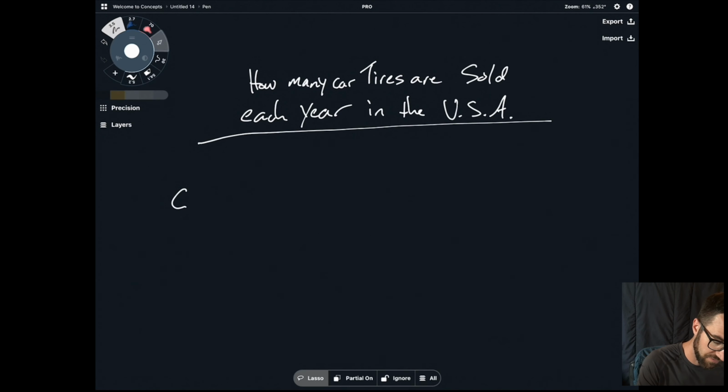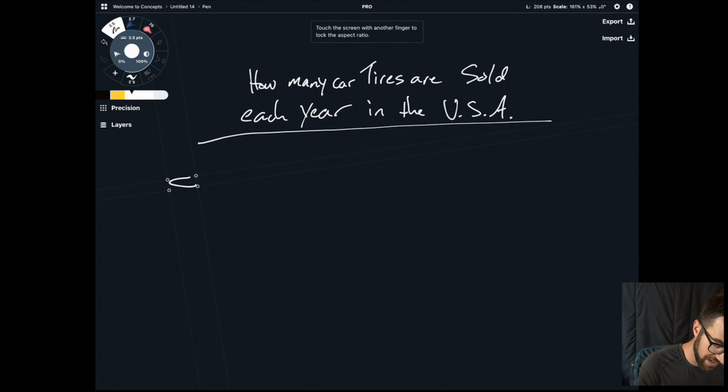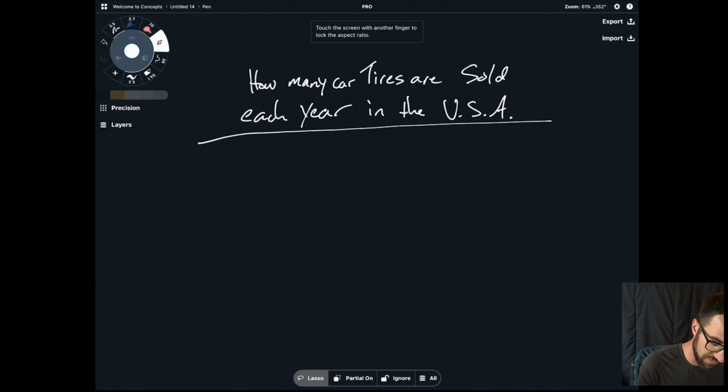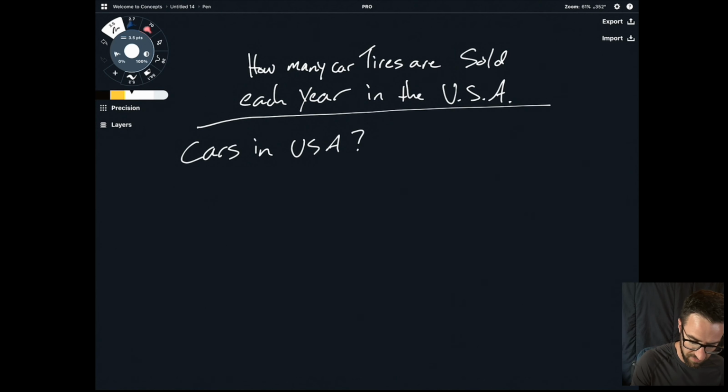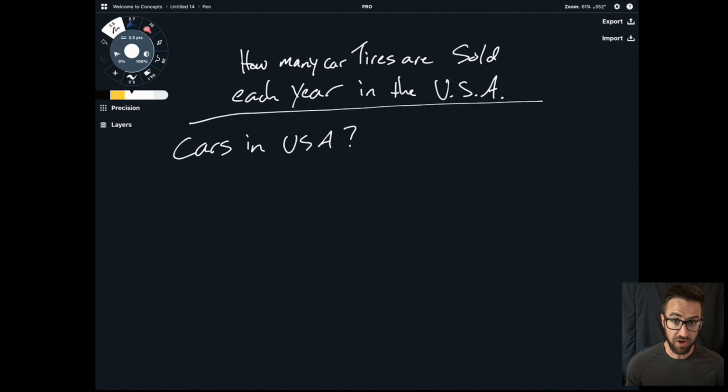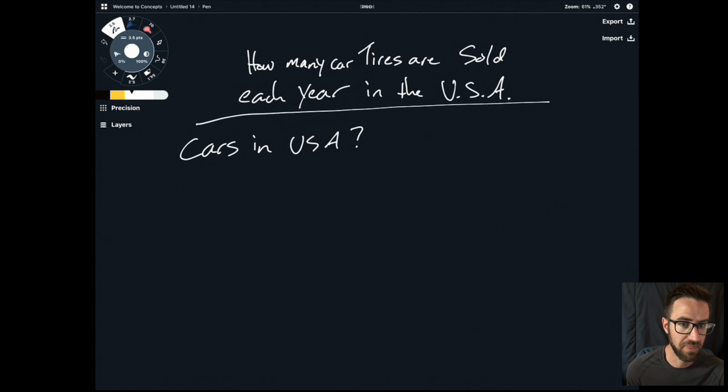So first question I'm going to ask, it's a related question here, but that is, cars in America, USA, okay? All right. How many cars are in the USA? I'm not sure how many cars are in the USA.